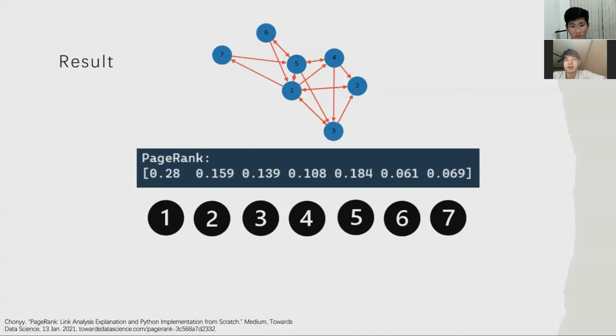So that makes node 2 and 3 have a higher PageRank score than node 6 and 7, which in turn would make node 2 and 3 a more powerful or more important child to its parent than node 6 and 7 as a child to their parent, which is node 5. And that is why node 1 has a higher importance than node 5, even though they have the same number of links linking to them.